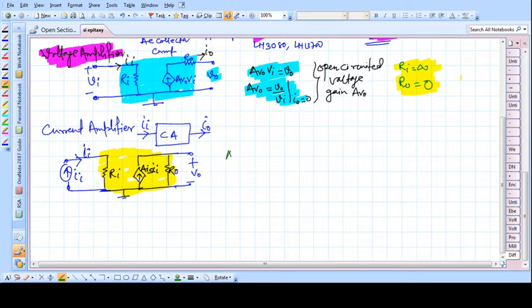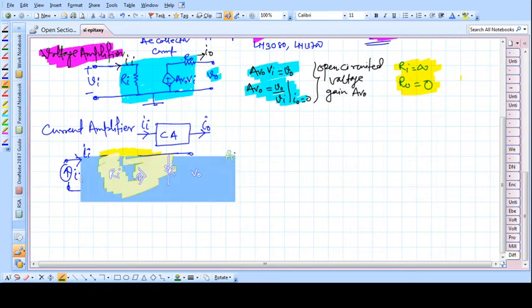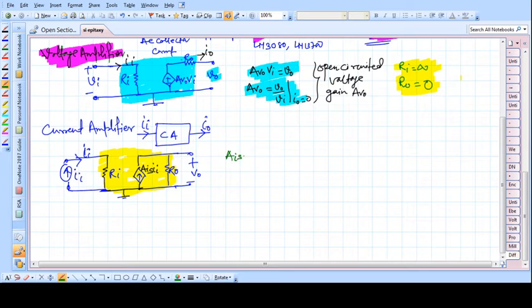Now we can say the overall current gain AIS equals, this one is nothing but simply when it is short circuited, so this should be Ii and this should be I naught. When it is short circuited, it is I naught, so that's why I am writing S. So this should be the short circuited current gain.